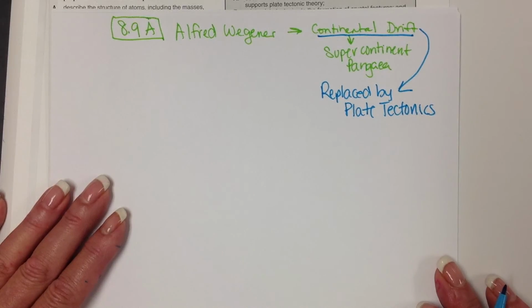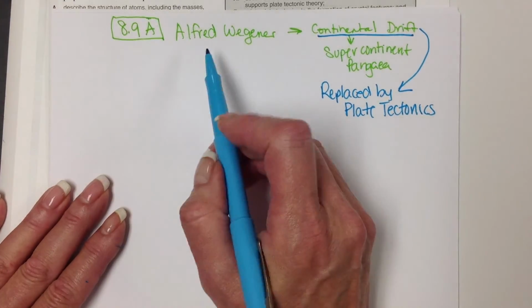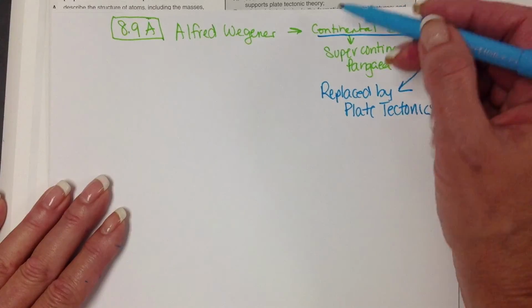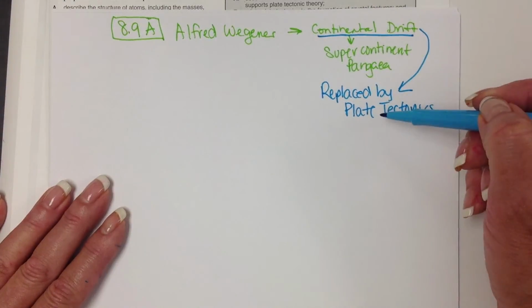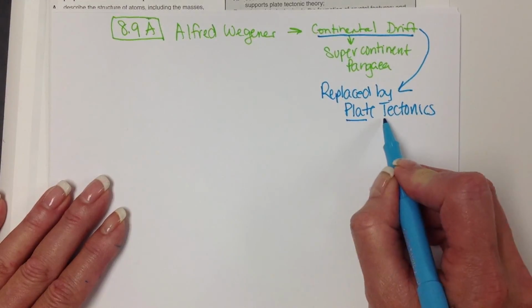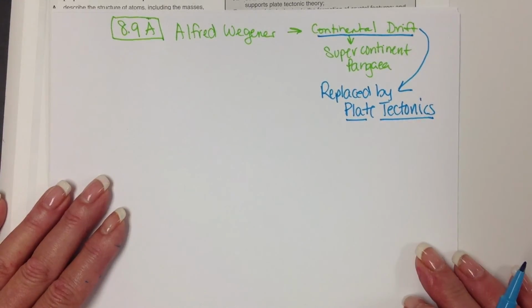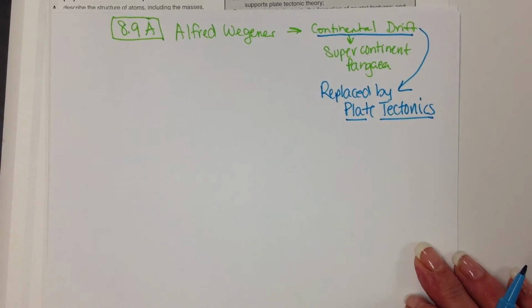So, thanks to Alfred Wegener, we were able to move quickly and swiftly from one theory into one that actually is explainable and visible on the surface. So let's look at a little bit of that.